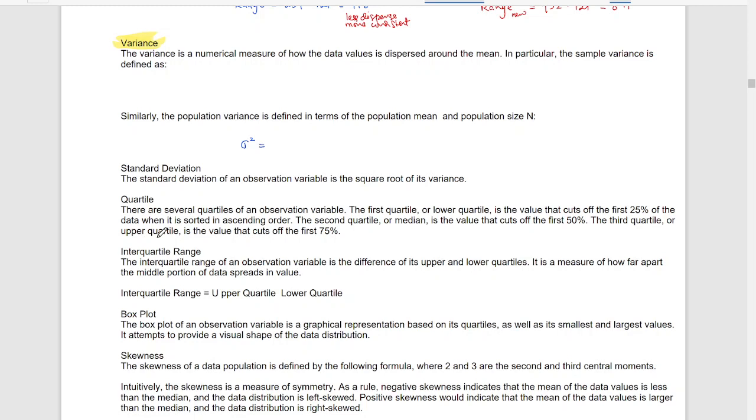Okay, we use the notation sigma square, and this is given by the formula 1 over N, multiplied with the summation of xi minus x bar squared.